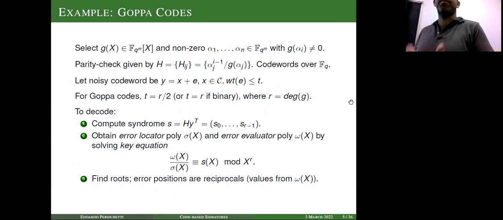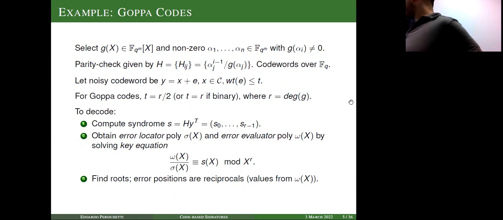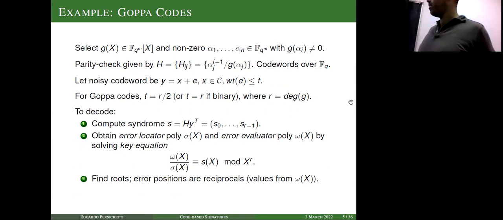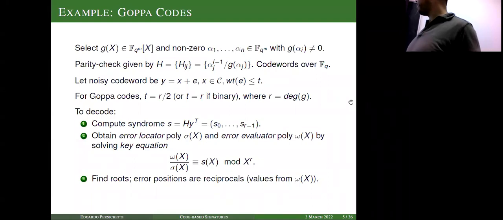This is again a simplified version of the idea, what is called the Massey algorithm. Essentially, if S is our syndrome and S(x) is the polynomial associated to it, then this polynomial has to verify this congruence modulo, say, x to the r. In principle, there are better algorithms that use different polynomials here. But once we recover this, we're basically done, because we just need to find the error positions.